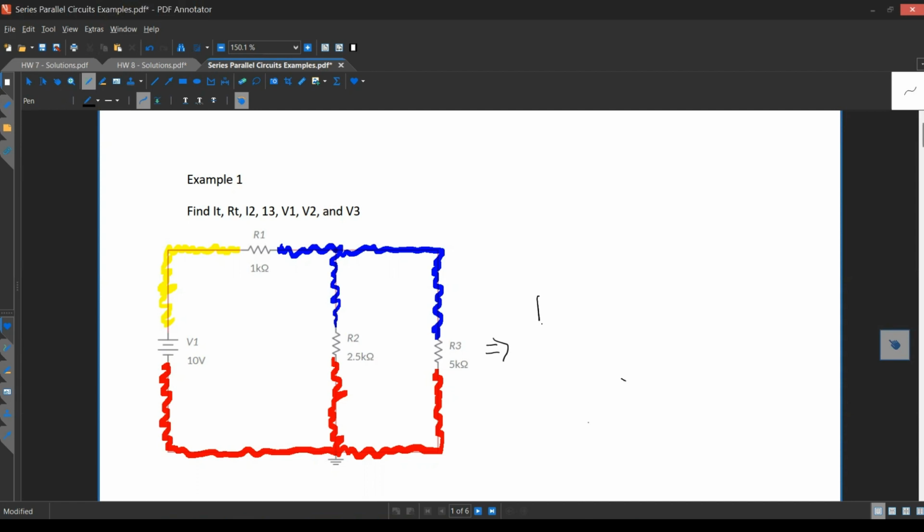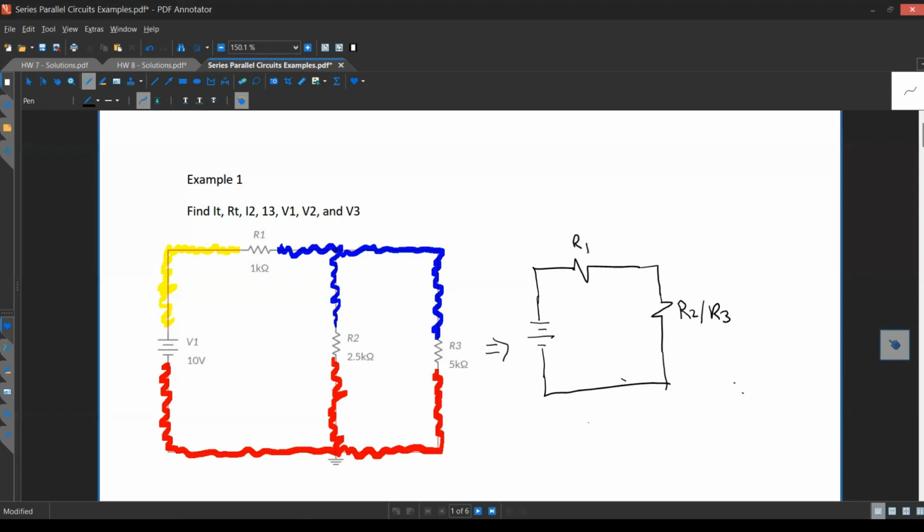And so if I just redraw the circuit, notice this is going to be my R2, which is in parallel with R3 combination, and this is going to be my R1.